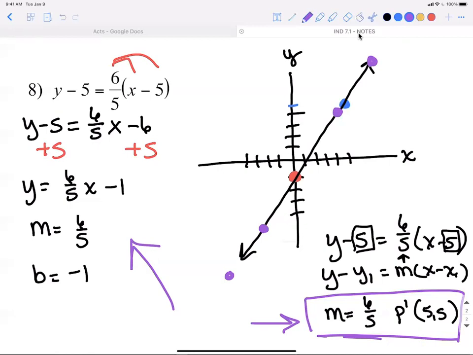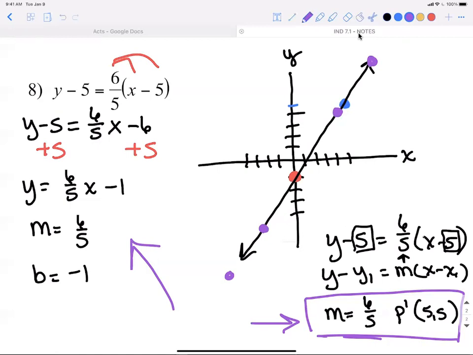Okay, if that confuses you, this is the second way I showed you. It's not really a shortcut, it's a faster way to do it, because you don't have to worry about the distribution and the algebra of moving things around. However, if it confuses you, go back to what you know, right?